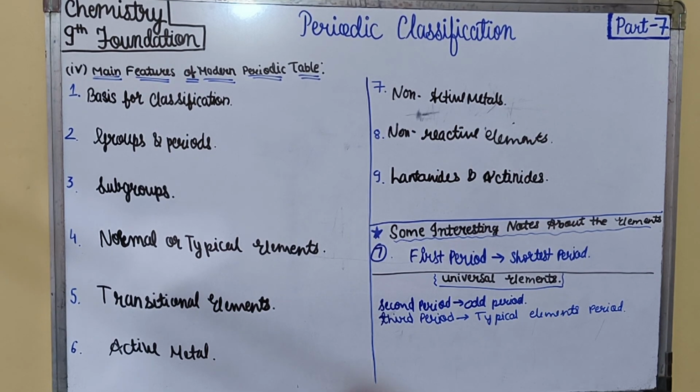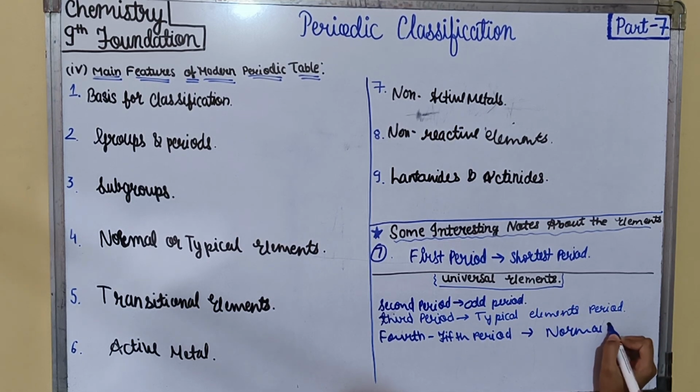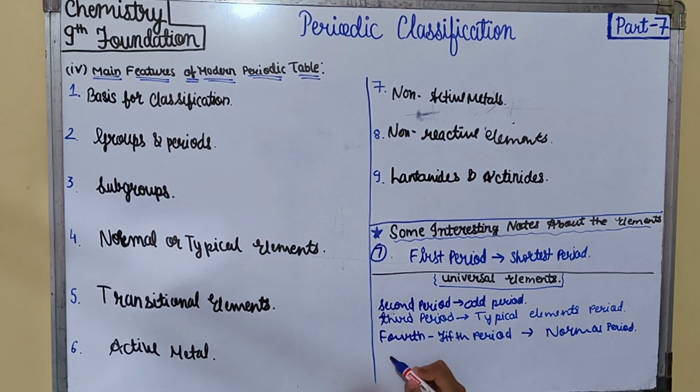Fourth and fifth period, normal period. Sixth and seventh periods are called longest periods.